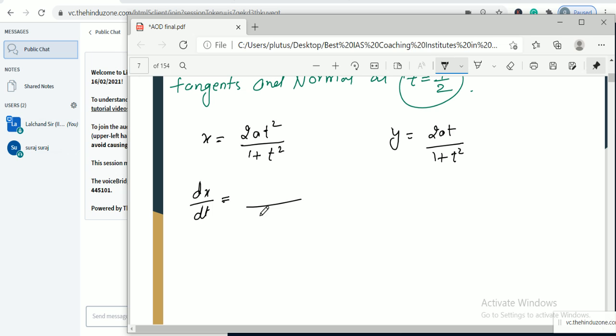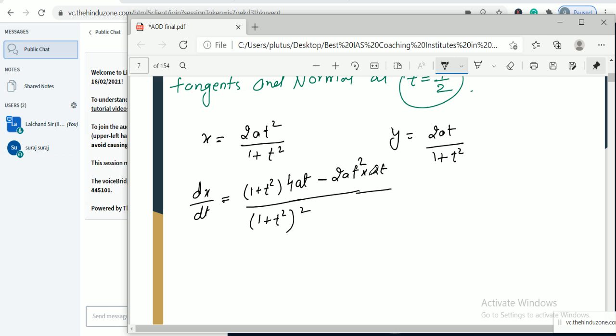Then we have 1 plus t square, that is whole square, and if we differentiate this, it will be 4at, isn't it? Minus 2at square will be as it is, and this is the differentiation of 2t.